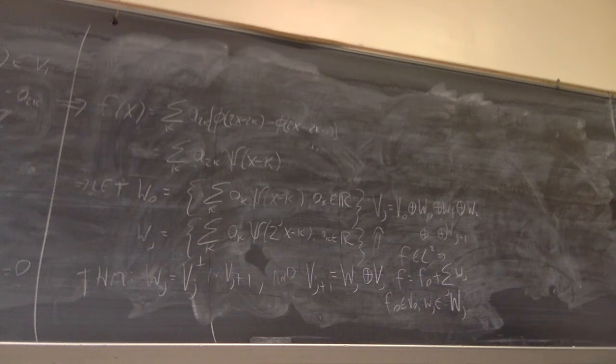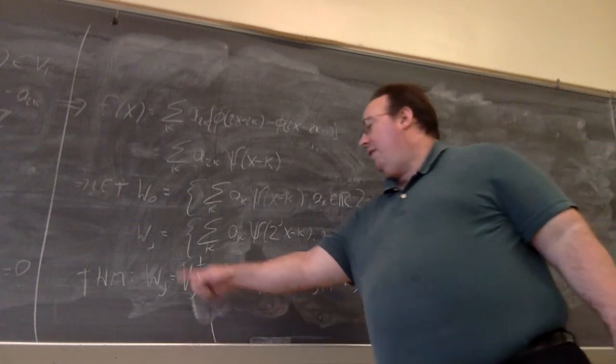And this decomposition is unique because functions in different spaces are orthogonal to one another. Okay. All right. Let's see. Yeah, I do want to show you why this works out.